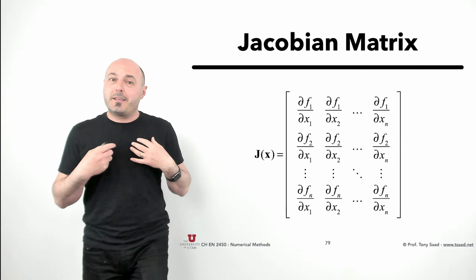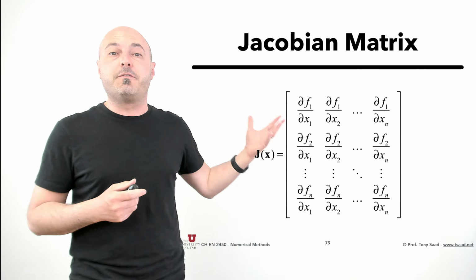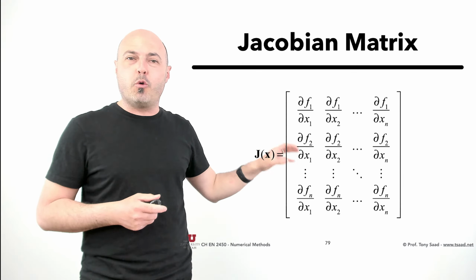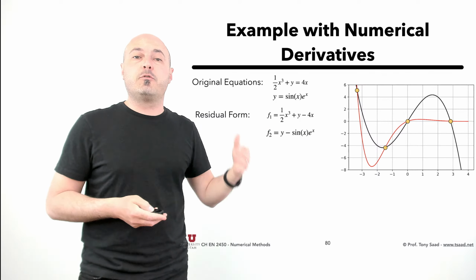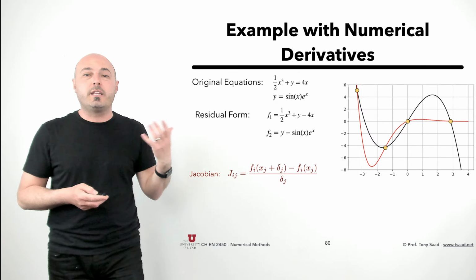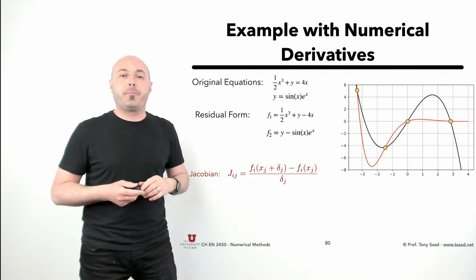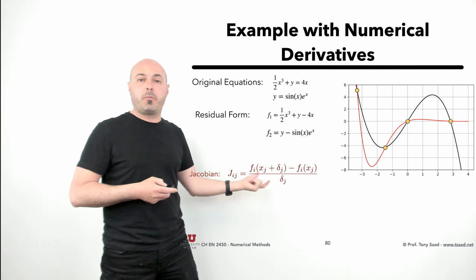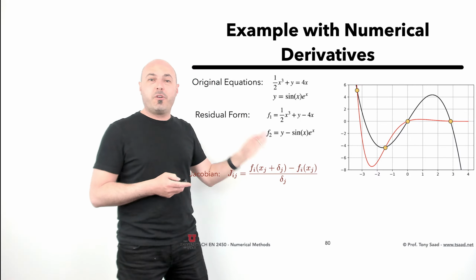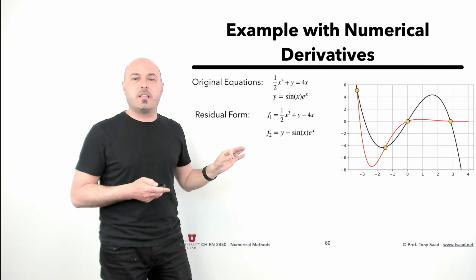For our problem in my research, we do it analytically because it's a very sparse Jacobian. So we have to know where we have zeros and where we do not have zeros. But as an alternative, you can do a numerical Jacobian just like we did in the one-dimensional case. You simply have to apply the finite difference formula with respect to the appropriate direction that you're dealing with.